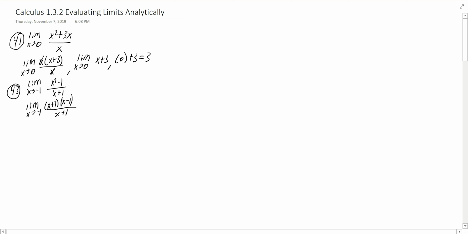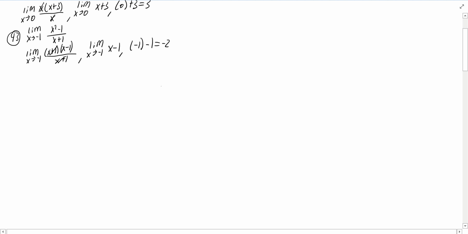And once again, we have a common term in our numerator and denominator, which is the x plus 1. So we can cancel these out, and we get the limit as x goes to negative 1 of x minus 1. And once again, we can do direct substitution. So we get negative 1 minus 1, which is equal to negative 2.